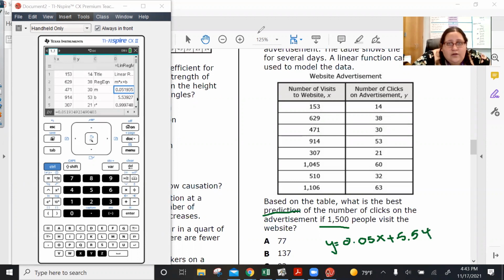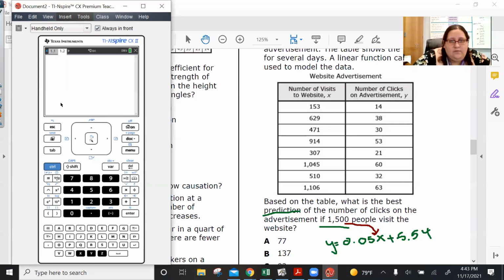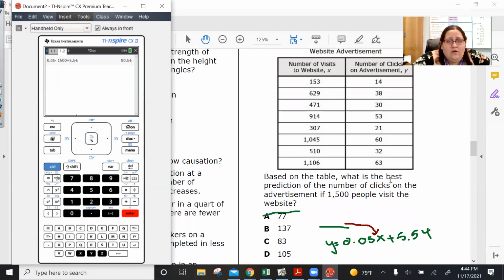So we're going to plug this into a calculator screen, but we're going to plug in 1,500 for X. So we go home, calculator, 0.05 times 1,500 plus 5.54. I get 80.54. And I want to pick the closest number.